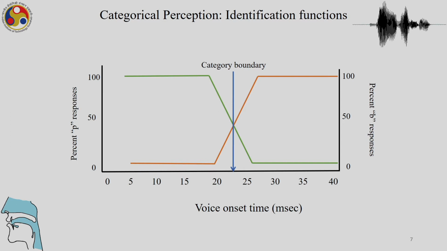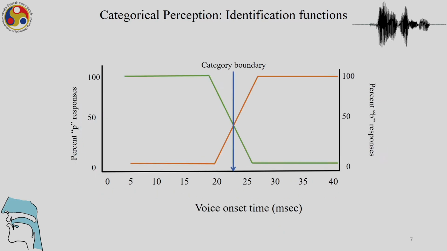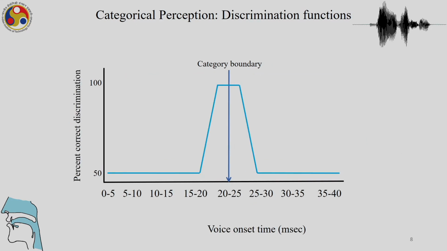So, we saw identification and also saw discrimination. In identification, as we said in the last class, this is forced identification. So, participants are asked to identify based on orthography whether something is ba or pa, but in discrimination functions it is not based on orthography.